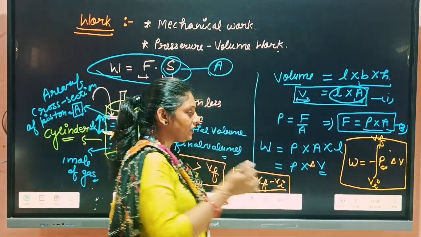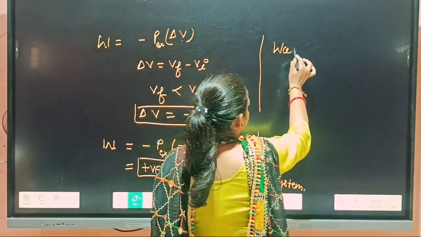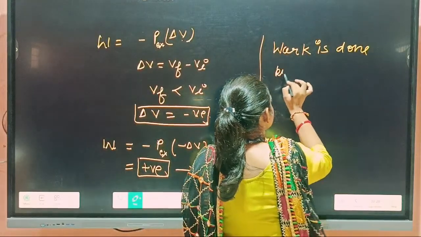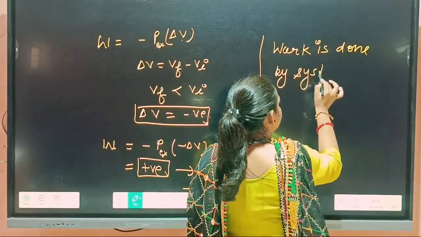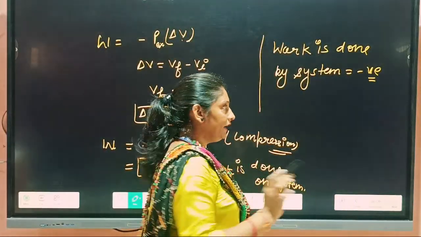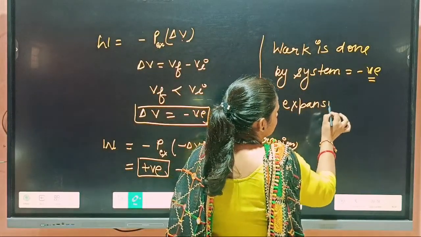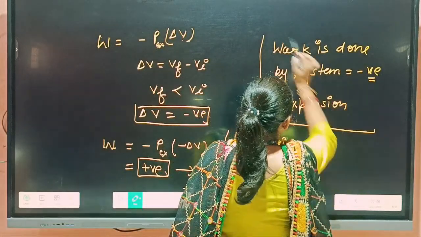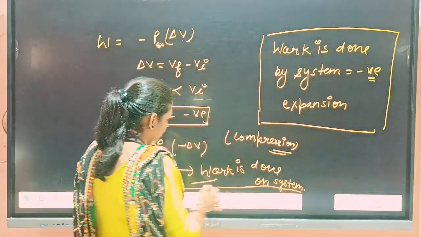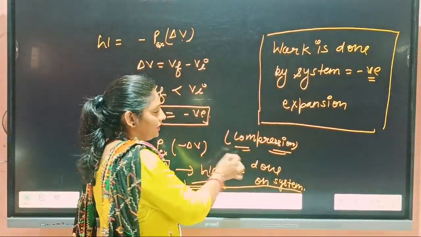So if work is done by the system, its sign convention will be negative and in volume, expansion takes place. And if work is done on the system, then work done will be positive and compression takes place.